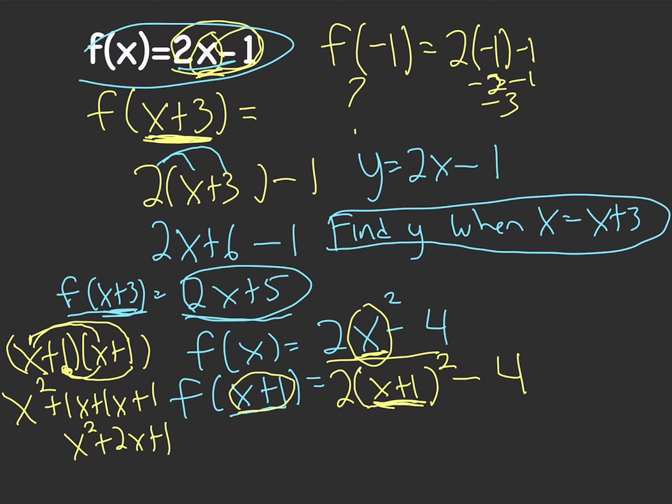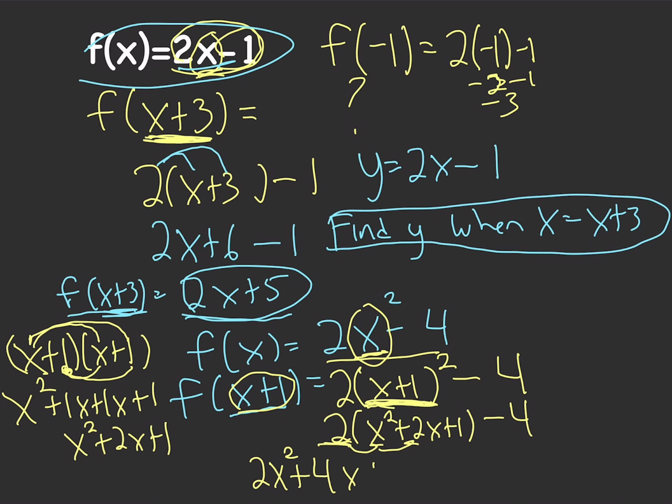All right, so this came out to be a 2, and this right here, the x plus 1 squared, came out to be the x squared plus a 2x plus 1, and this -4 is still there. Then I have to distribute this 2 into the parentheses, all of those. So you end up getting a 2x squared plus a 4x plus a 2, and then there's a -4 on the end.